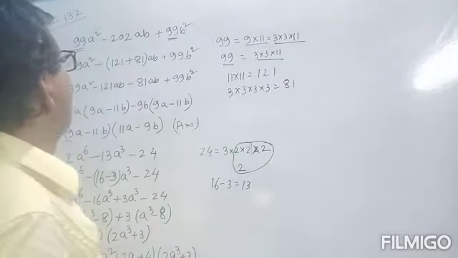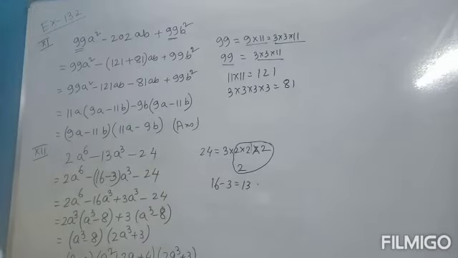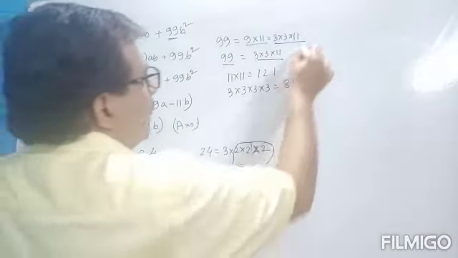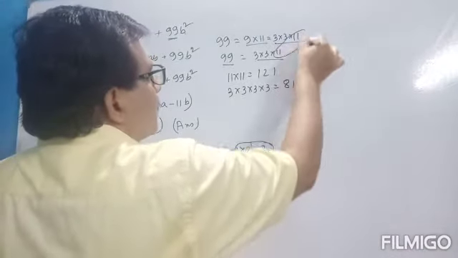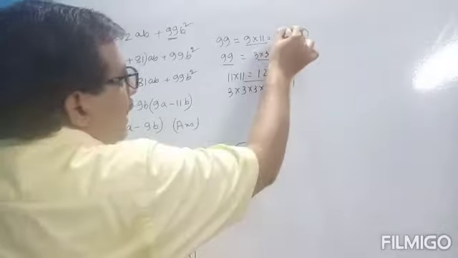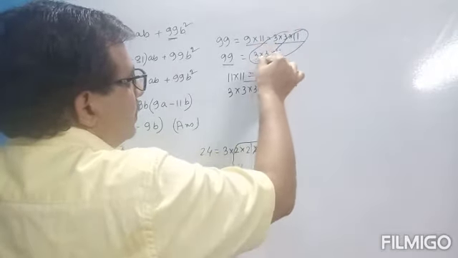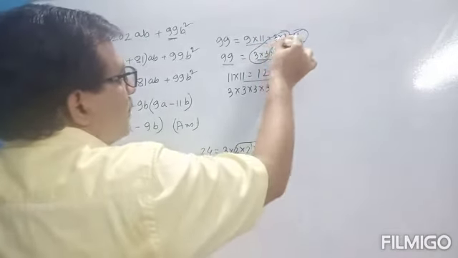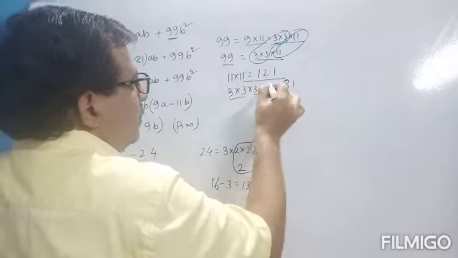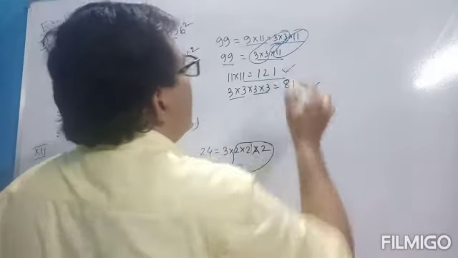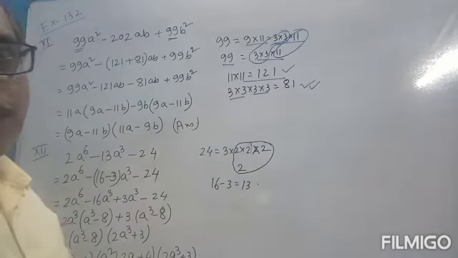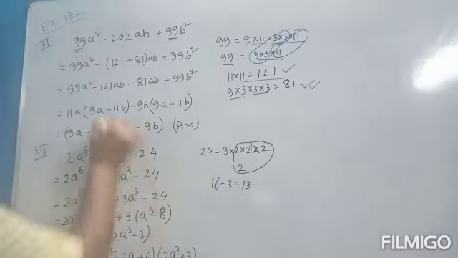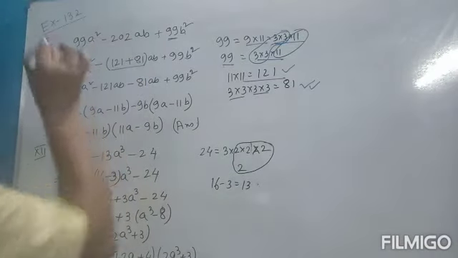Now this is plus, this is also plus. So make 202 by adding the factors of these two. First we take 11 and 11, that is 121, and 3 into 3 into 3 into 3, that is 81. 81 plus 121 is nothing but 202.